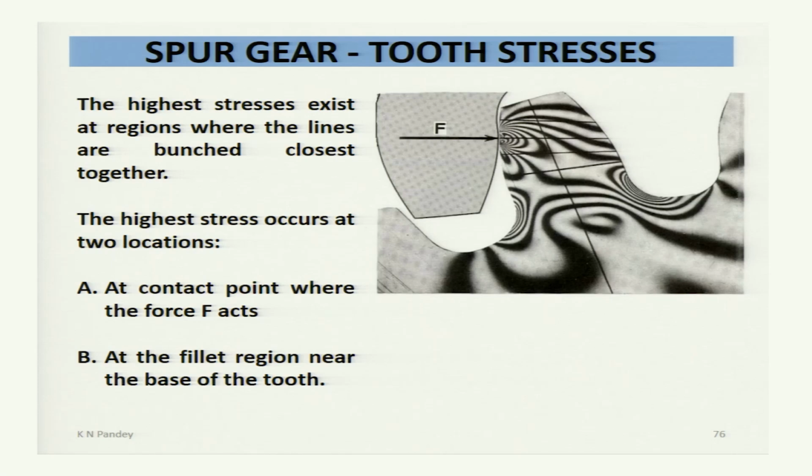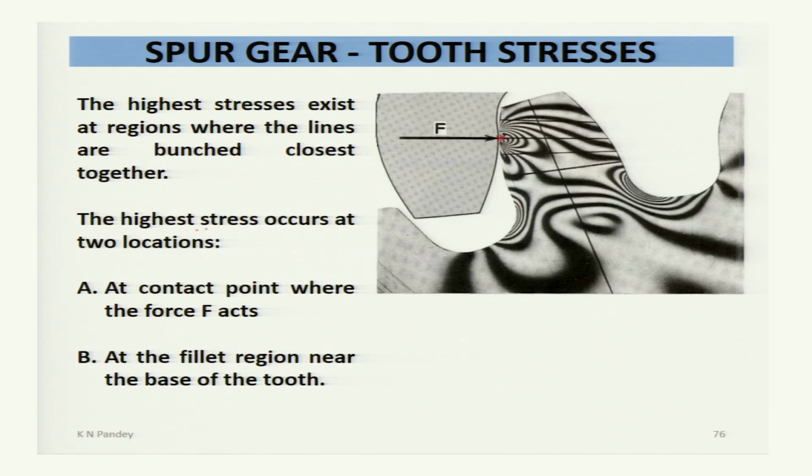The highest stresses exist at regions where the lines are bunched closest together in a photoelastic figure. This is the photoelastic analysis, and in this photoelastic experiment these rings are obtained, and the maximum pressure will be where these rings are closer to each other, and that is the place where the contact is and the place of the fillet at the root of the gear tooth.